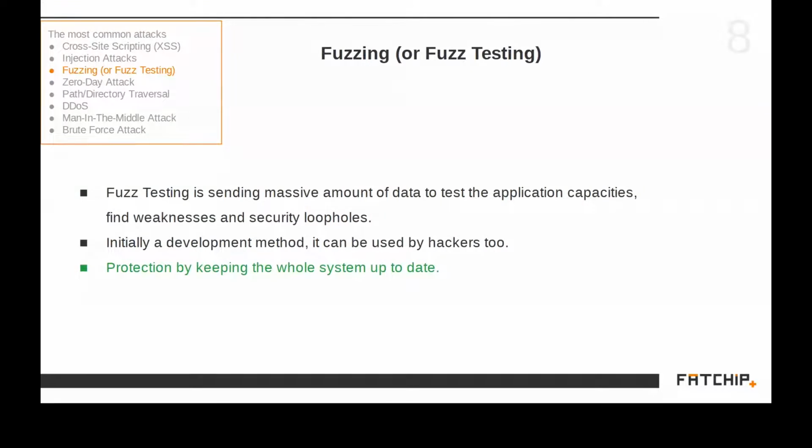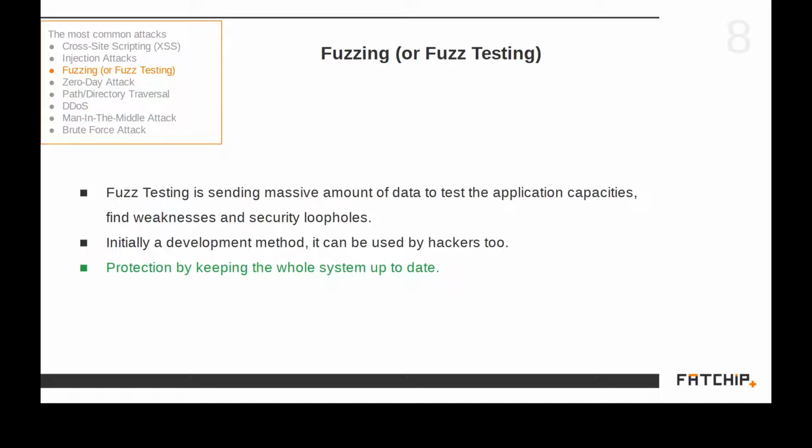Fuzzing or fuzz testing is normally a method that's used by developers to test their own code or their own platforms, which is basically sending lots of random data to the website until it crashes, or at least gets close to crashing, and then using some tools to find the weak spots and where it actually failed.